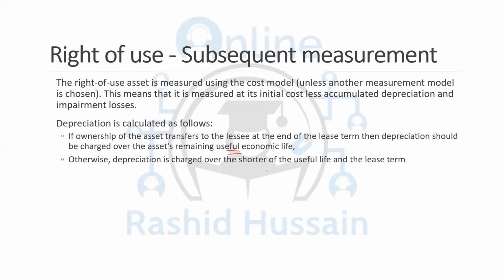Otherwise, you take the shorter of, that means lower of, the lease period or lease term and useful life, whatever is lower. But if the asset will be transferred to the lessee at the end of the lease period, then take the useful life.